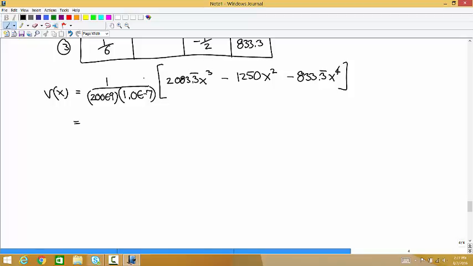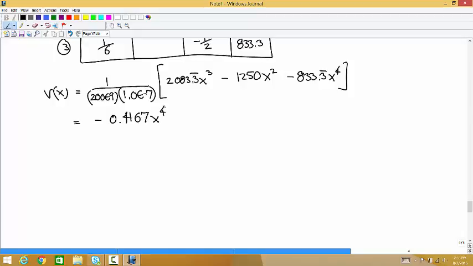So 833.3 repeating divided by 20,000 is 0.041665.